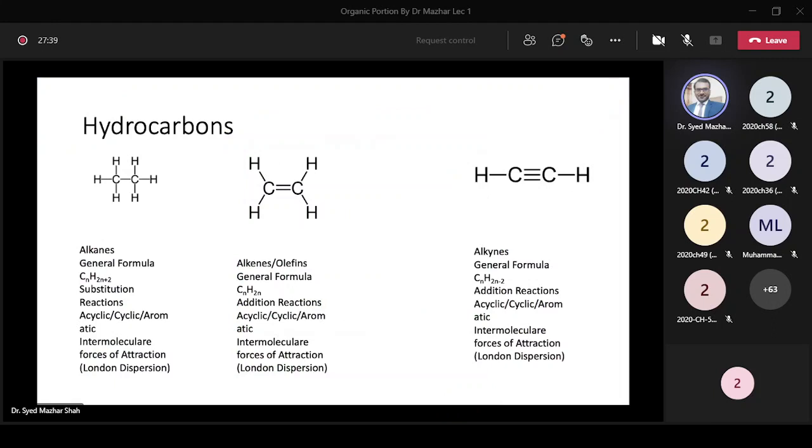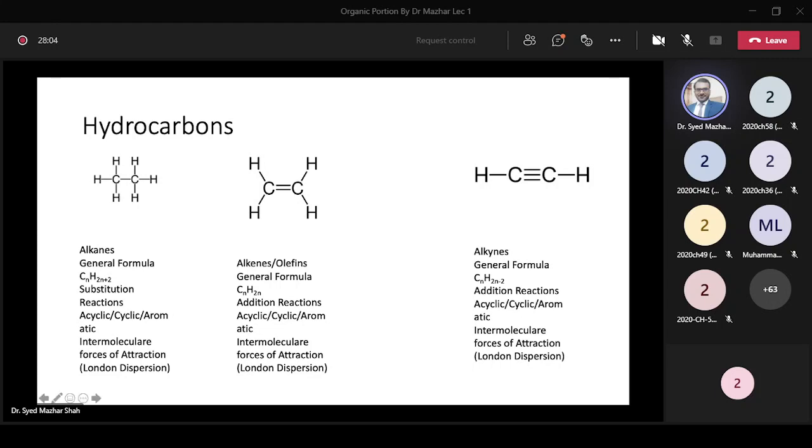Now let's talk about what we mentioned just in the start: that a functional group would most probably have the same chemical reactions or chemical properties in all molecules of its class. So we will further elaborate on that a little in this slide.